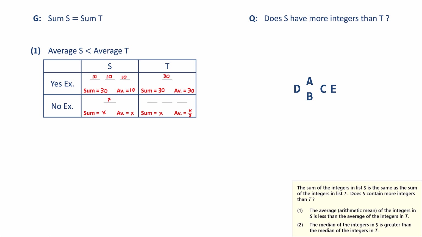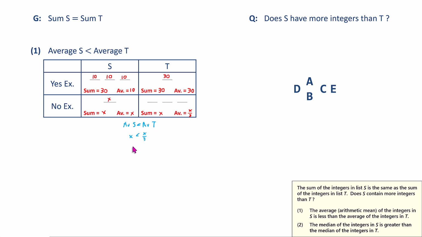To find a possible numerical value for X, we have to remember that statement 1 tells us that the average of list S is less than the average of list T. And we've just seen that the average of list S is X, and the average of list T is X over 3. This is saying that the entirety of X is less than 1/3 of X, which seems paradoxical.